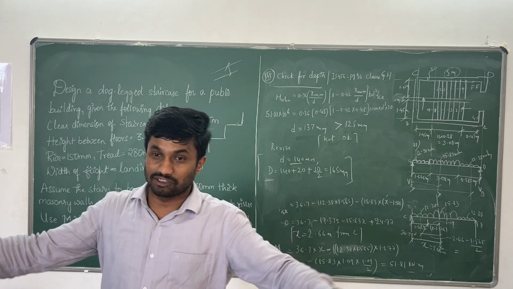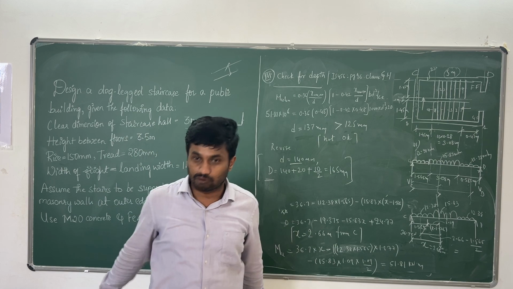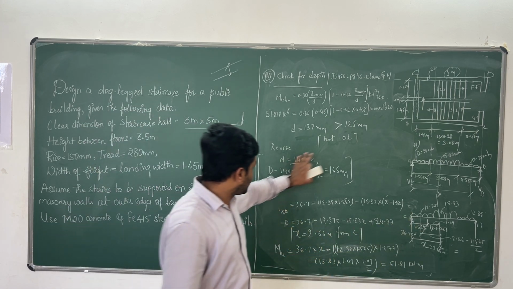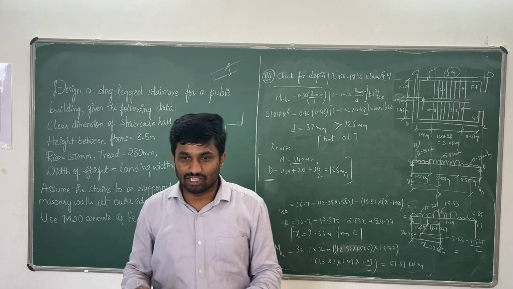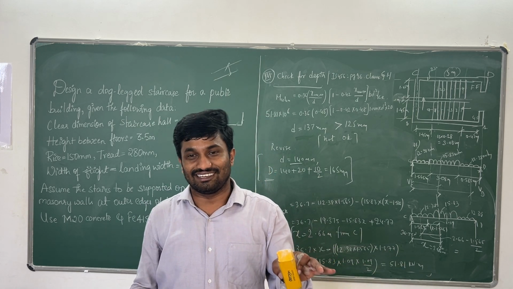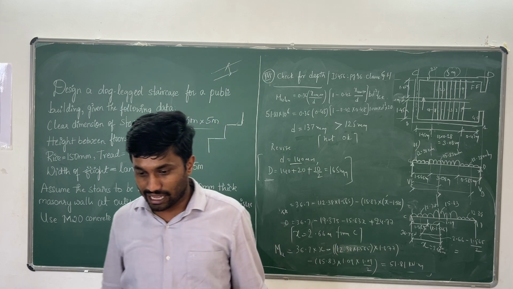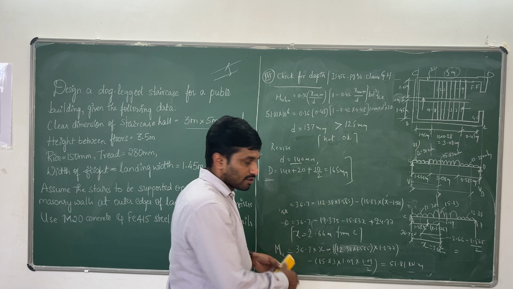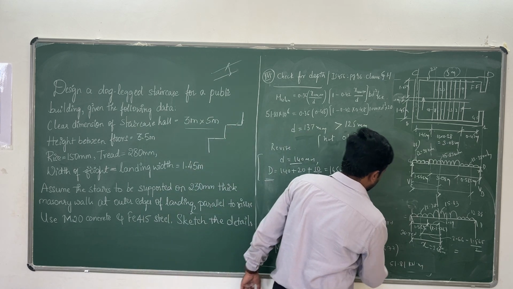Landing thickness is also 165. Waist slab thickness is also 165. This is for depth. Once you revise the section, the majorly important thing is slab thickness in a staircase. Clear? Next, area of steel. Any doubts? Okay.